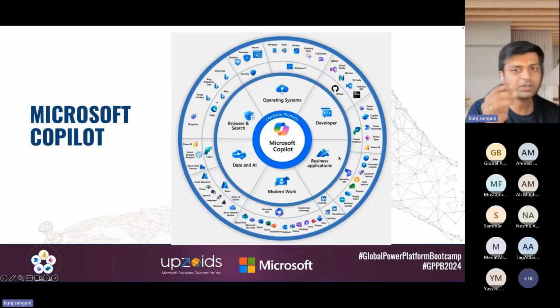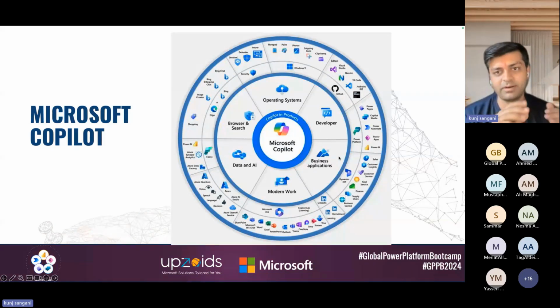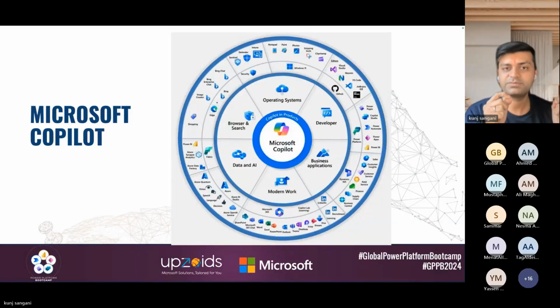The third and most important category is the custom Copilot, which we are going to see. This custom Copilot can be created using Copilot Studio, and it can leverage your data and be used in different channels.